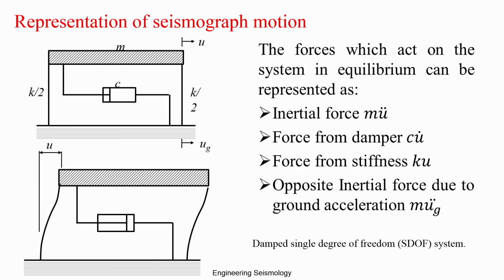Today we are going to talk about the next level of interpretation, particularly the time domain parameters interpretation from the seismic record. As we saw during the seismic instrumentation part, the seismogram works basically as a damped single degree of freedom system, where there is a mass, a damping and a spring constant.